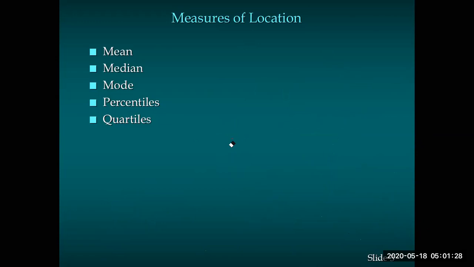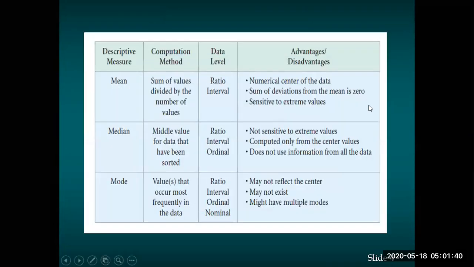I hope that you will understand it better once you read the book. After this, the next slide shows the three averages that we were talking about, how they are computed, what kind of data can be taken for them, and what advantages or disadvantages they carry.